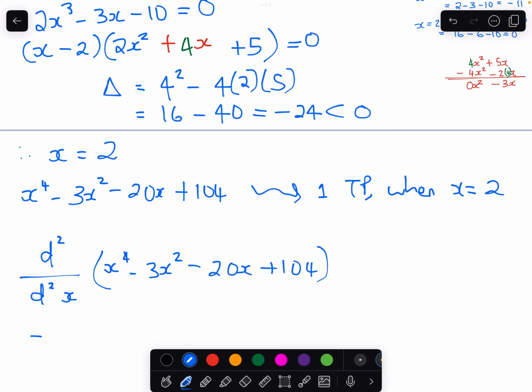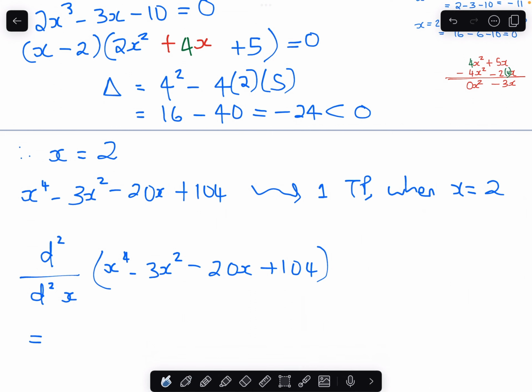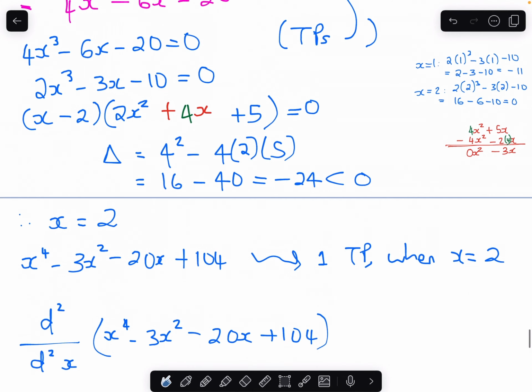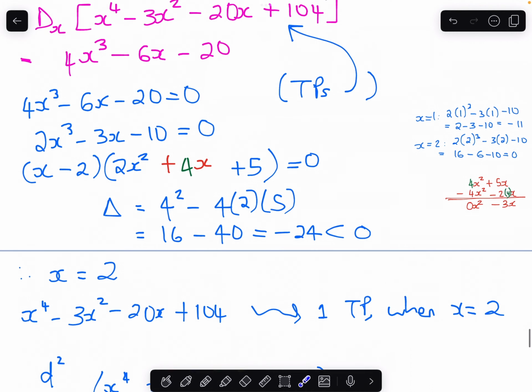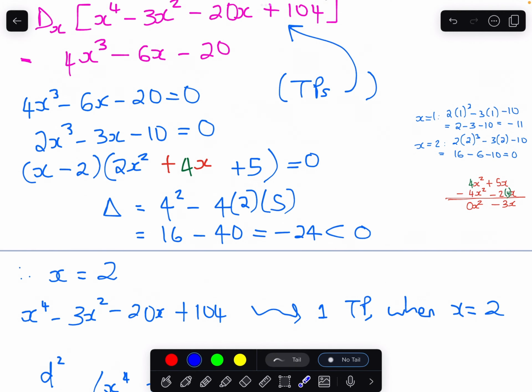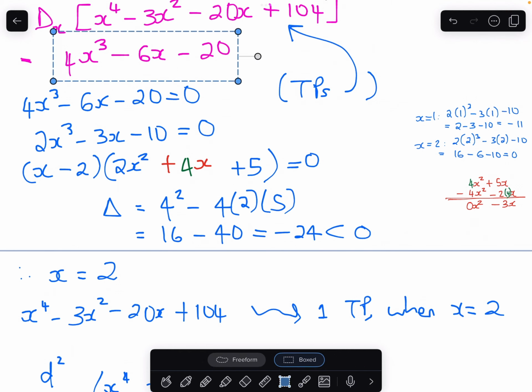So the second derivative of this expression that we started out with will be the first derivative of this guy. So I'm just going to chop that and bring it over here.